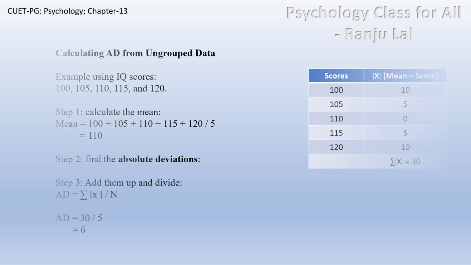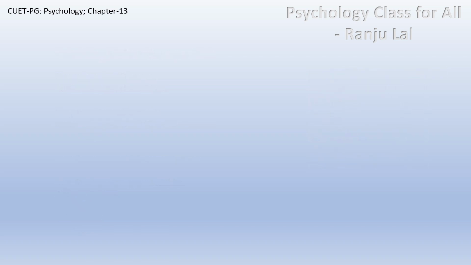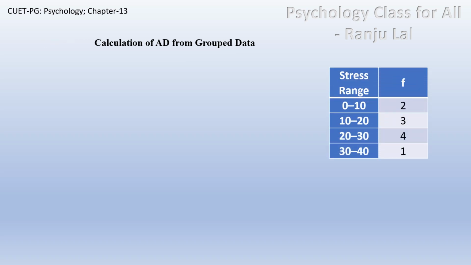Now we'll see an example of average deviation calculation from grouped data. There is grouped data having two columns, one is class interval, another one is frequency. Here the formula is written as AD equals summation of f modulus x, that is multiplication of frequency with deviation, total divided by n.